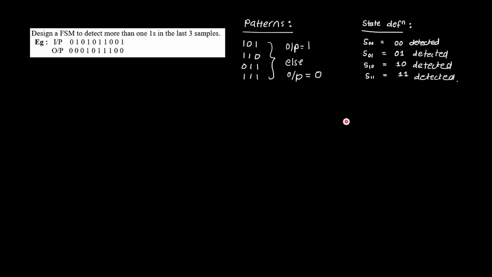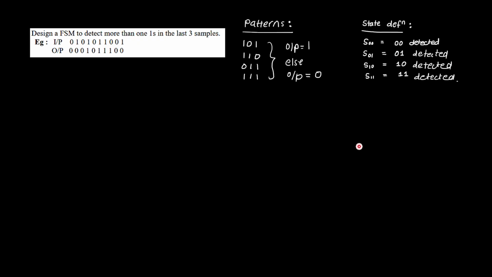For such problems, an easy way to deal is to track the last two digits, the last two samples of our machine. For example, if 01 were the last two inputs, then the current state would be S01, which means that 01 is already detected.